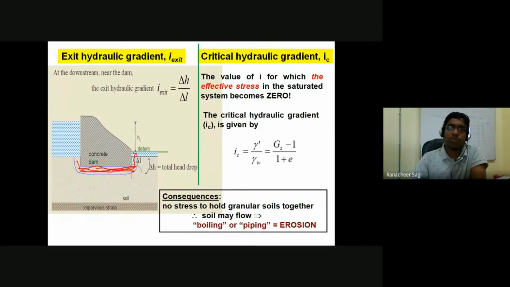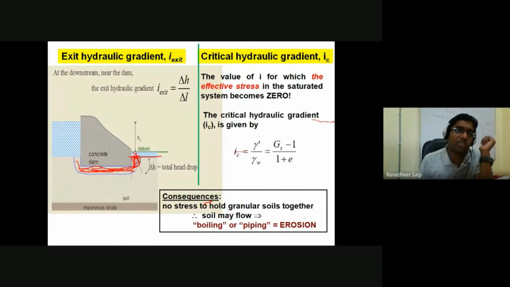In this particular flow path, when the water particles are trying to seep, fine grained particles are getting carried away. Initially on the downstream side, you might see some soil grains going out of this soil mass. When we say the particles will start moving out of the soil, in this region you are going to see more concentration of flow.